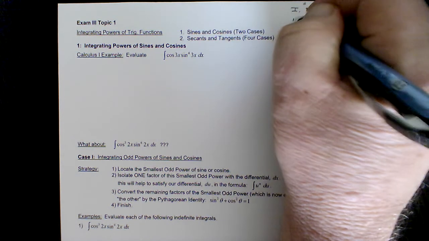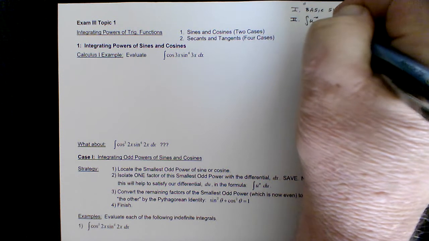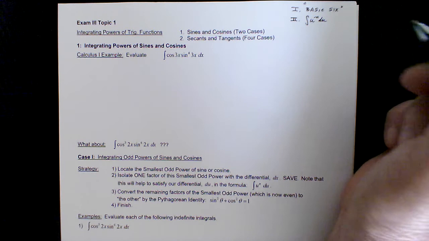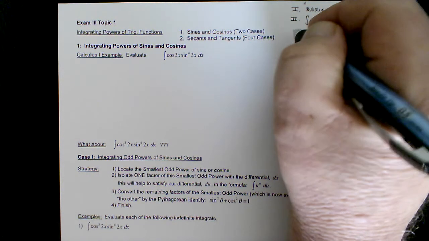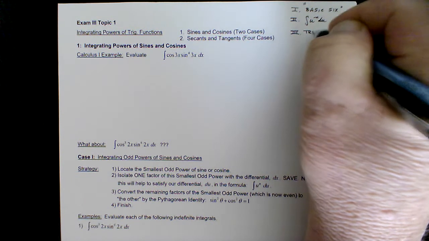If those fail, then we consider the integral of u to the n with respect to u, and choosing u to be the entire one of the trig functions involved if it's not fitting one of the basic six. And then worst case scenario would be trig identities.